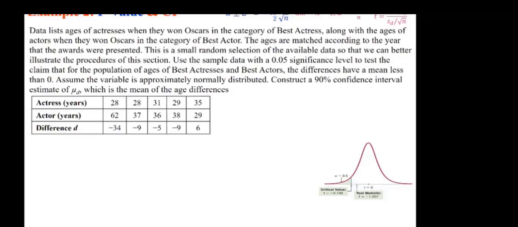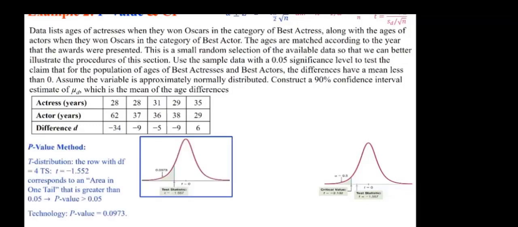I mentioned in the previous page where the p-value comes from, the area to the left of the test statistic, which is negative 1.557. So this is the area. If you use the technology, it gives you an answer. But if you go to the t-distribution table, and we've done it a number of times by now, you should be comfortable with that. So you look at the row with degrees of freedom of 5 minus 1, or 4.